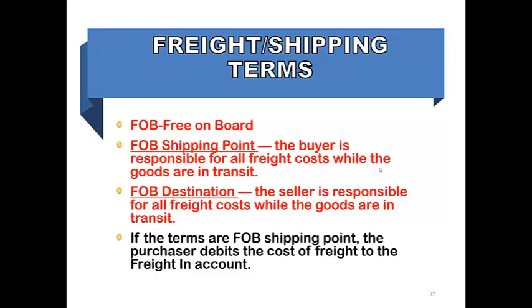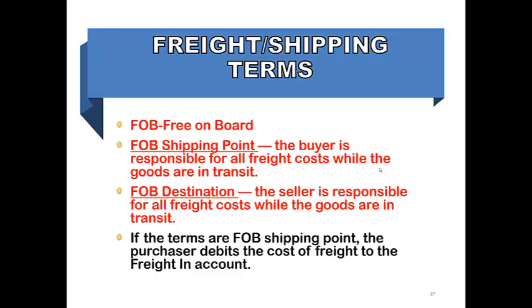So FOB shipping point means that the merchandise is free on board until it gets to the point of shipment. That means the seller is responsible for getting it to its shipping point, and then the buyer is responsible for getting it to them or to its destination.